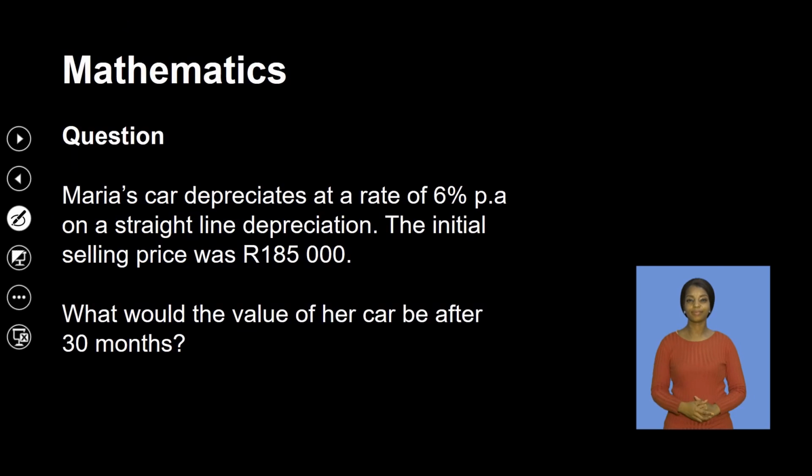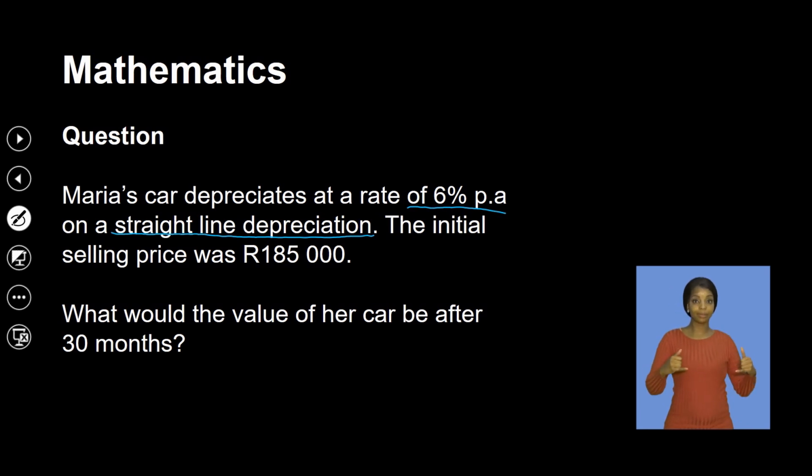Now, the next question says, Maria's car depreciates at a rate of 6% per annum on a straight line depreciation. Remember, guys, you will be told which method you are using, straight line or reducing balance. But for now, we've been talking about only straight line.